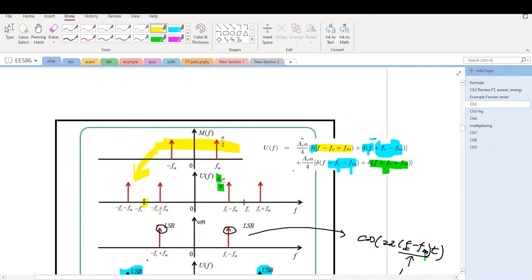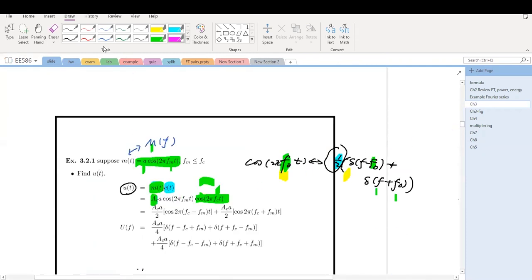So 0 becomes minus fc, this point becomes minus fc plus fm, and this point becomes minus fc minus fm, right? The same thing here. This whole spectrum moves to fc. So 0 becomes fc, and this spec at fm becomes fc plus fm. So this is the spectrum of the modulated signal.